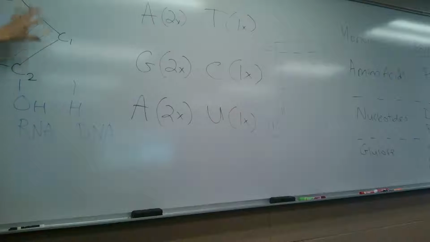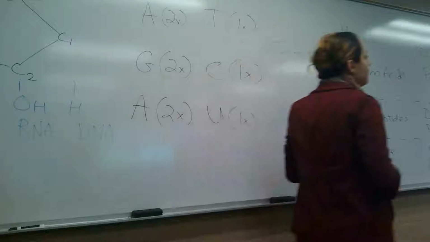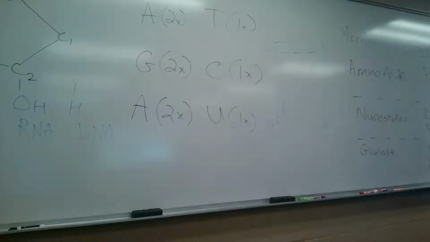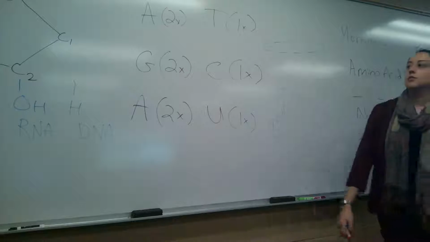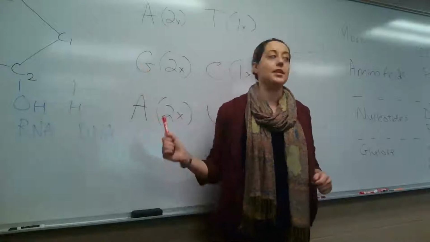Don't forget, the sugar is not the only thing that we have in a nucleotide, but that's how we name the ends of the nucleotide. Anti-parallel means that they're parallel, but they're going in different directions. On one side we have this right side up, on the other side we have it upside down.